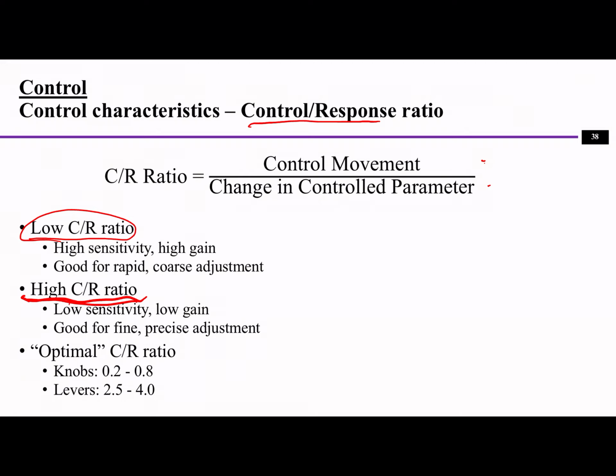So optimal or typical CR ratio for the knobs will be 0.2 to 0.8, while the lever will be 2.5 to 4. So you can use some of the values, some examples, trying to figure out what is the CR ratio for your device.